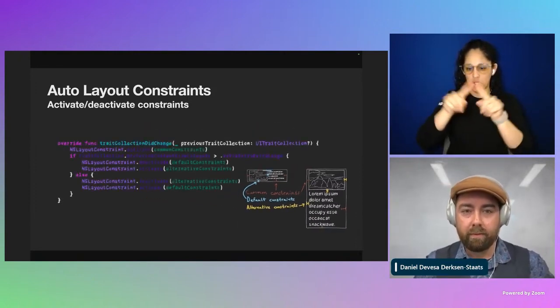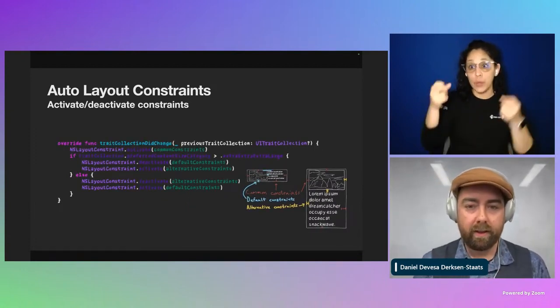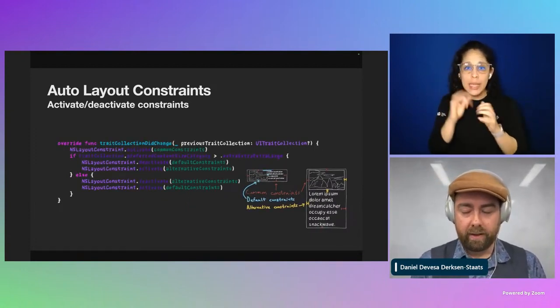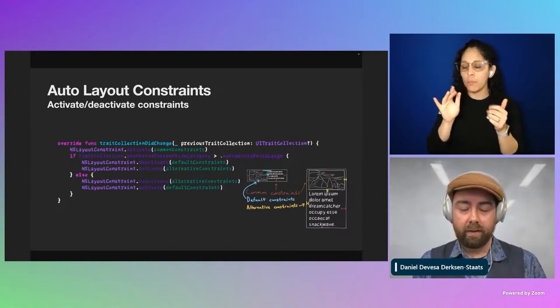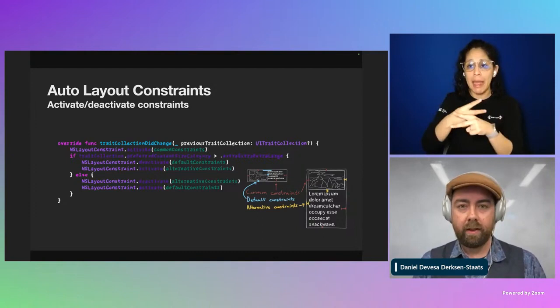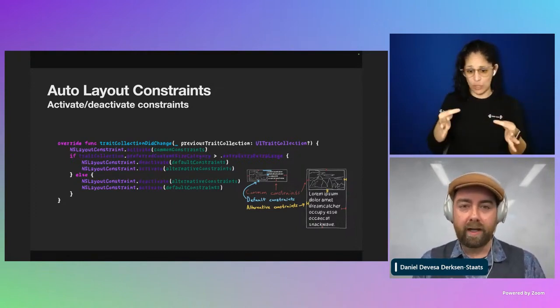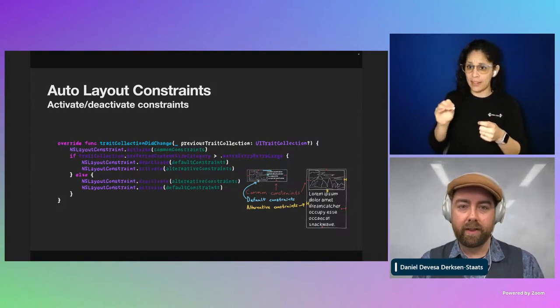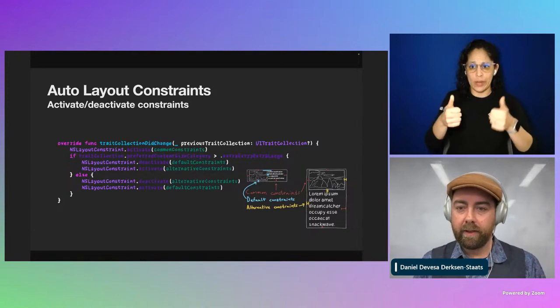I'm showing some code on the screen as well to see how you can check for the dynamic type sizes that the user decided to configure, and how you can activate or deactivate these sets of constraints to show one variant or the other variant of the UI.